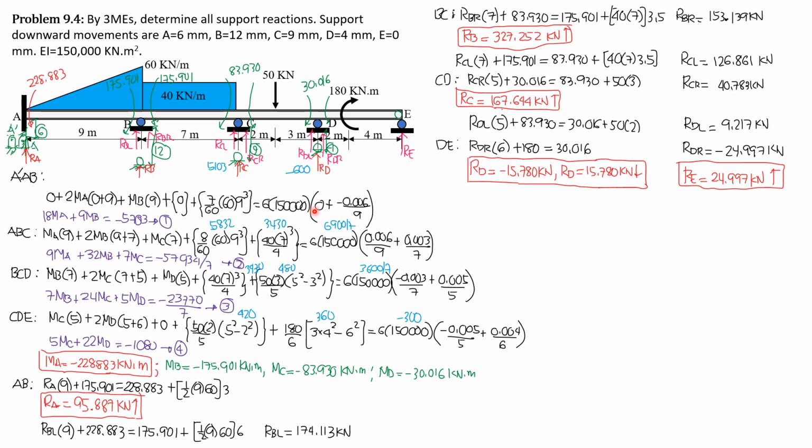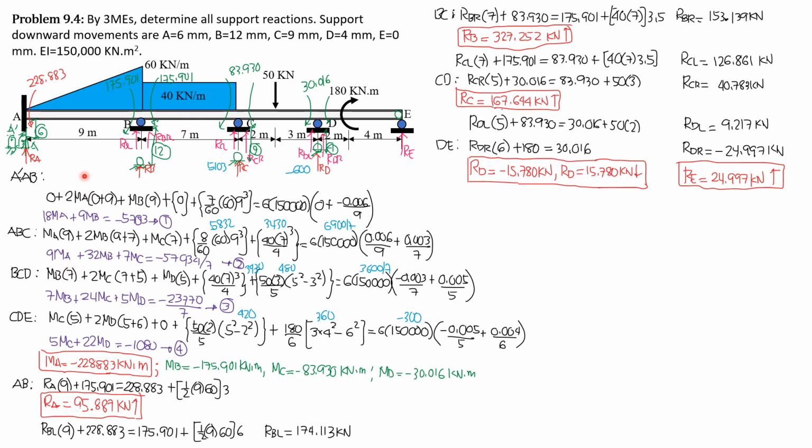H A prime is 0 plus H sub B; since B is below A by 6 mm, 12 minus 6 is 6 mm, so it is negative 0.006 meter over LAB, which is 9. Simplifying, the first equation is 18 MA plus 9 MB equals negative 5703. Call that equation 1. We then next write three moment equations on ABC.